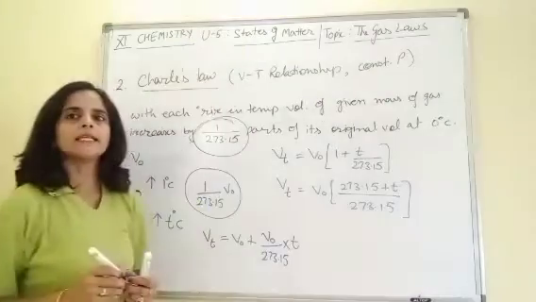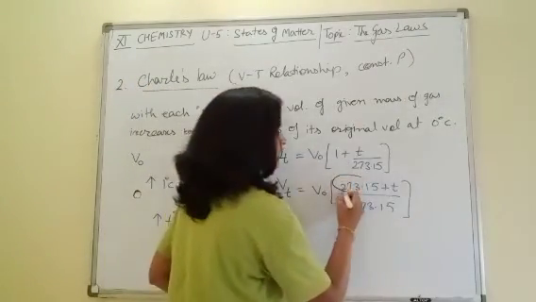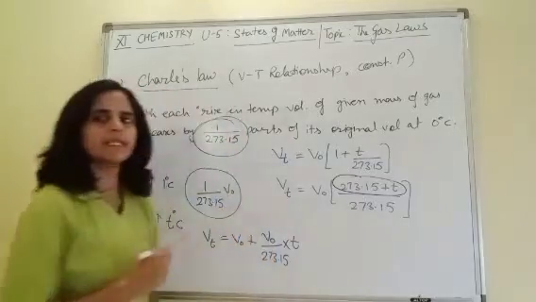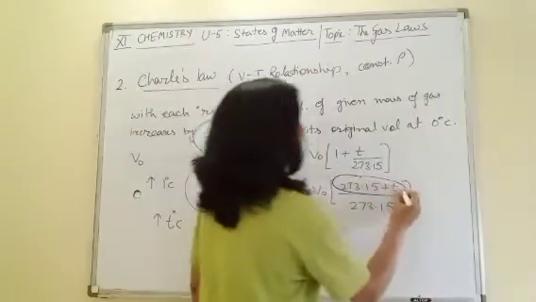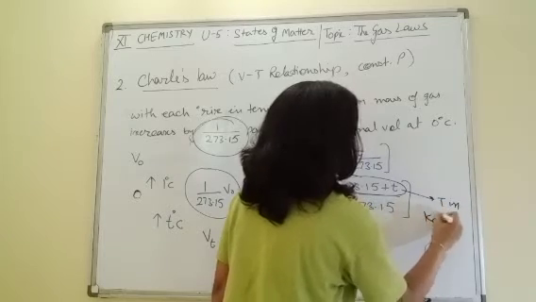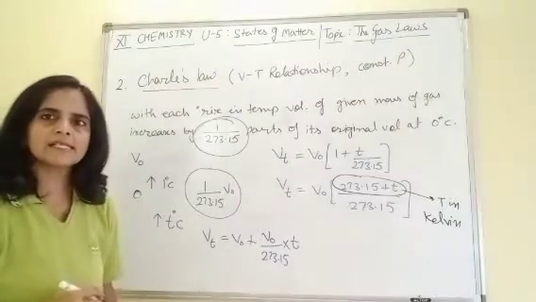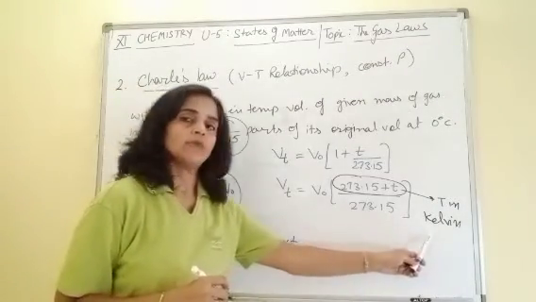Here comes another relationship. This 273.15 plus T is the temperature in Kelvin. So this is the relationship between degree Celsius and temperature in Kelvin.